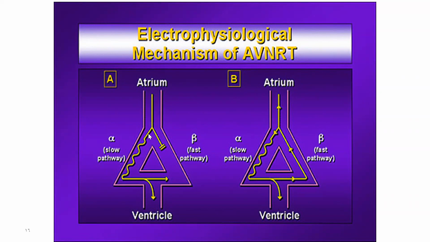So the premature atrial contraction will go through the AV node through the slow pathway in a patient who has dual AV nodal physiology, to the ventricle and then retrograde coming back to the atrium through the fast pathway. The refractory period is finished, so the beat will be reconducted again down the slow pathway and the cycle of the SVT was started.